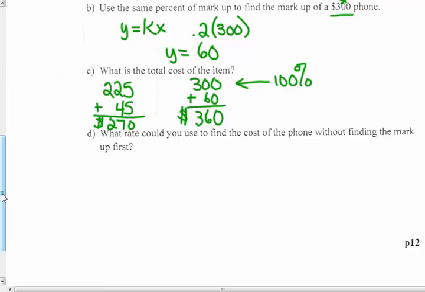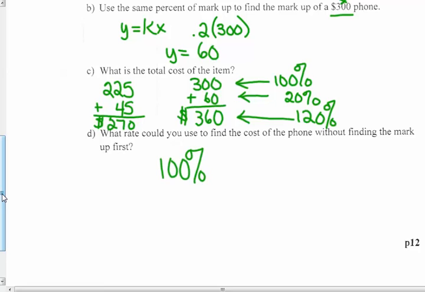Just like if I bought a $90 pair of shoes, I paid $90 plus I would pay 20% more if they marked it up. So this cost to the consumer was 120% of the original cost of the $300. So you always pay 100% unless it's on sale, plus whatever the markup is.